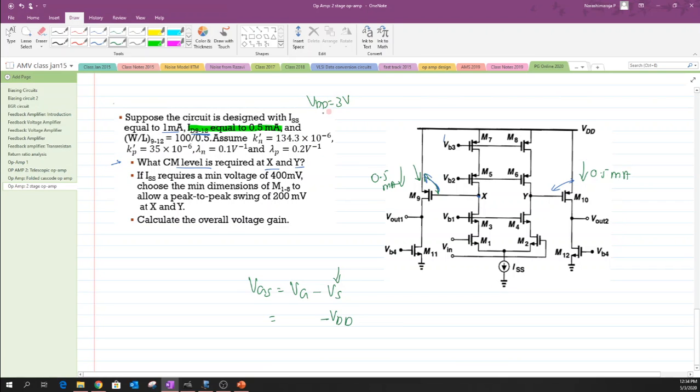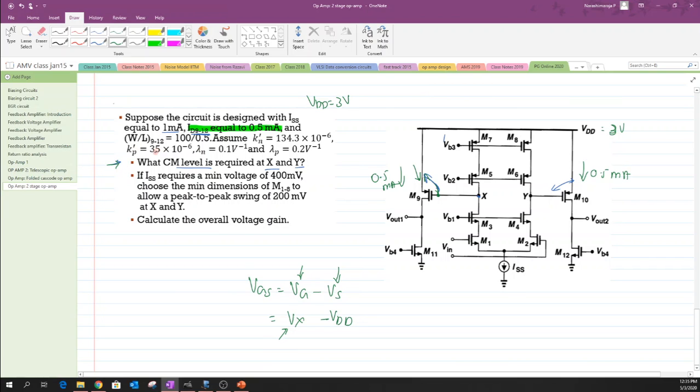Sorry for not being specified in this particular problem set, but in general this value of VDD is always taken as 3 volt. Use that value here, and in turn you would get the value of this VG. We know that this gate is connected to the node X, and in turn we can get the node voltage Vx as well as the node voltage Vy. Okay. And that is how one could solve the first problem.